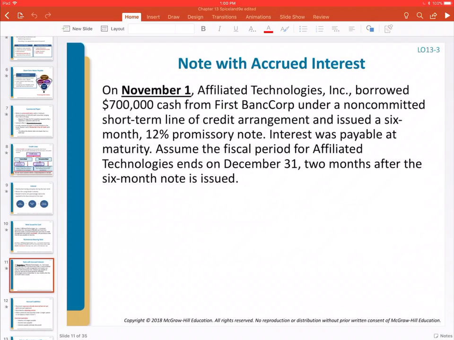On December 31st, it is now the end of the year, and we have to make an adjusting entry to accrue the amount of interest that we have incurred so far. So we'll make a journal entry on December 31st, and then at the end of the actual note term, which would be 4 months later, at the end of April, we would have to make a final journal entry that shows the total amount that we're paying off plus interest. That's the series of entries that we're going to make.